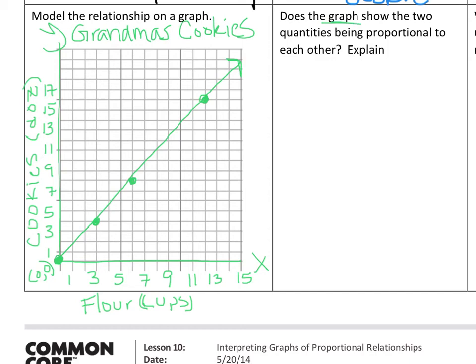Looking at the next box, it says, does the graph show 2 quantities being proportional? Well, yes, it does.